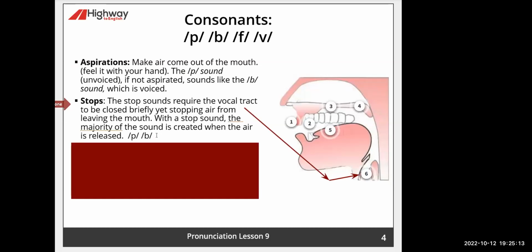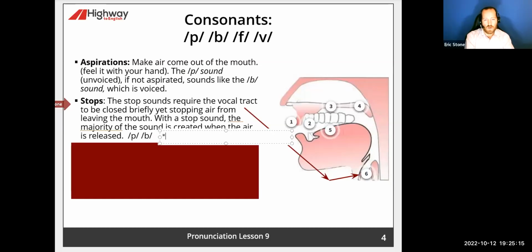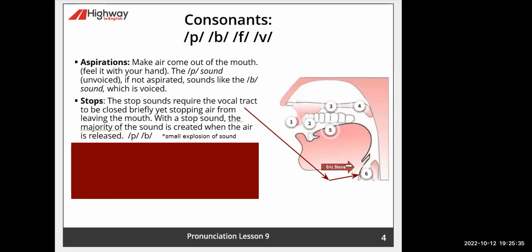P, b. We can think of it as a small explosion of sound, like a boom, but small. Your throat is going to close and the lips close, and then they open. That's the idea.